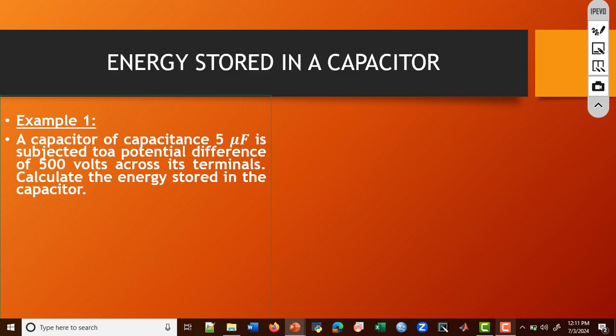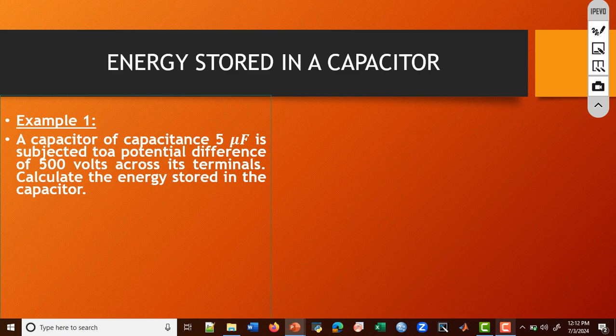Calculate the energy stored in the capacitor.